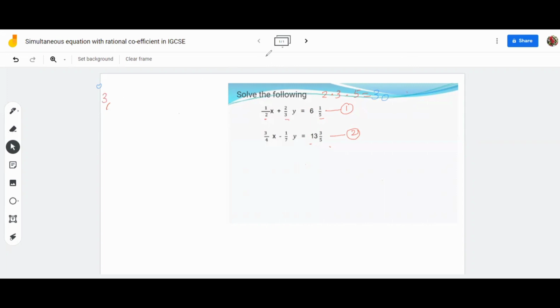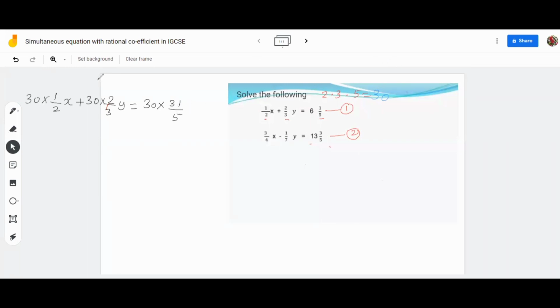Let me write over there. 30 times 1 over 2 x plus 30 times 2 over 3 times y equals... Here I can make the improper fraction. 6 times 5 is 30, 30 plus 1 is 31, so 31 over 5.